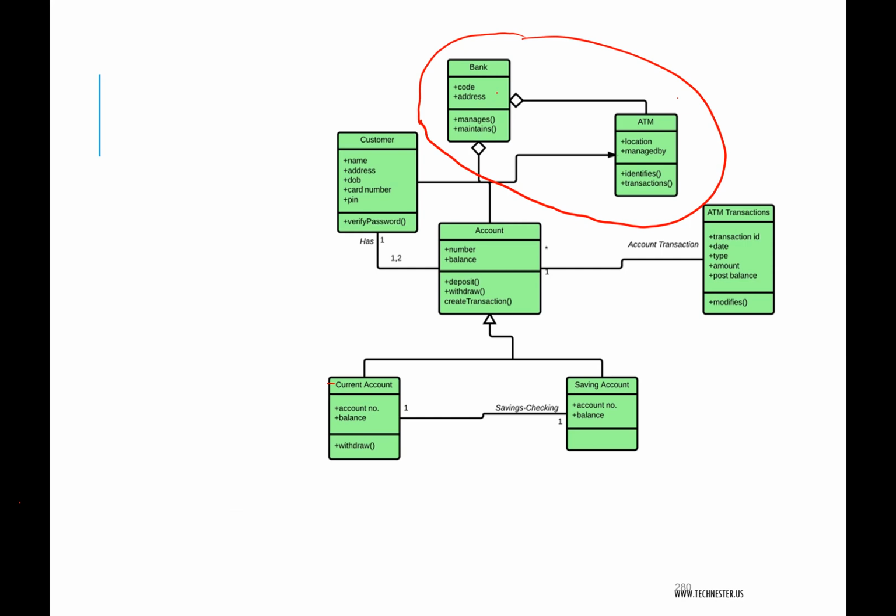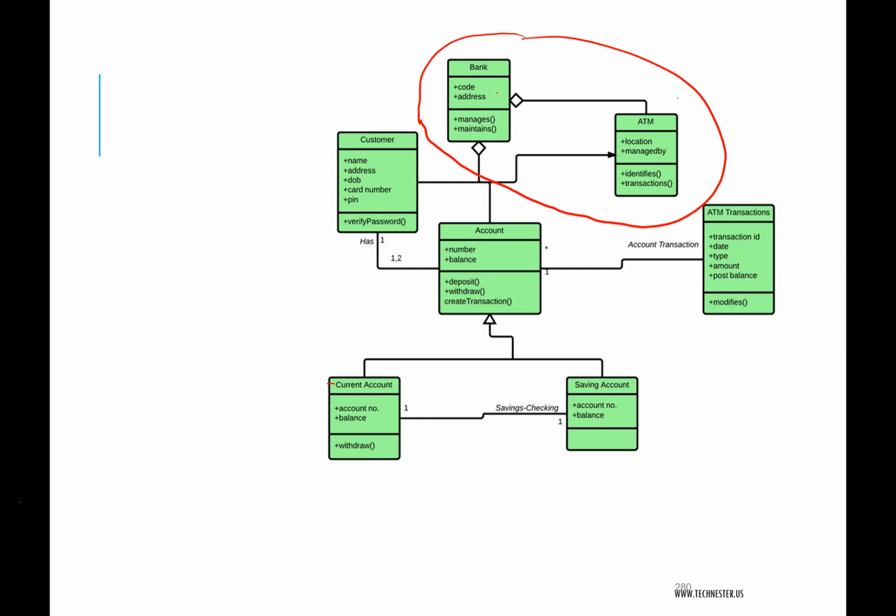Okay, so the attribute of the bank is the code and the address. The attribute of the ATM is location and it's managed by. And then the function of the bank manages and maintains.